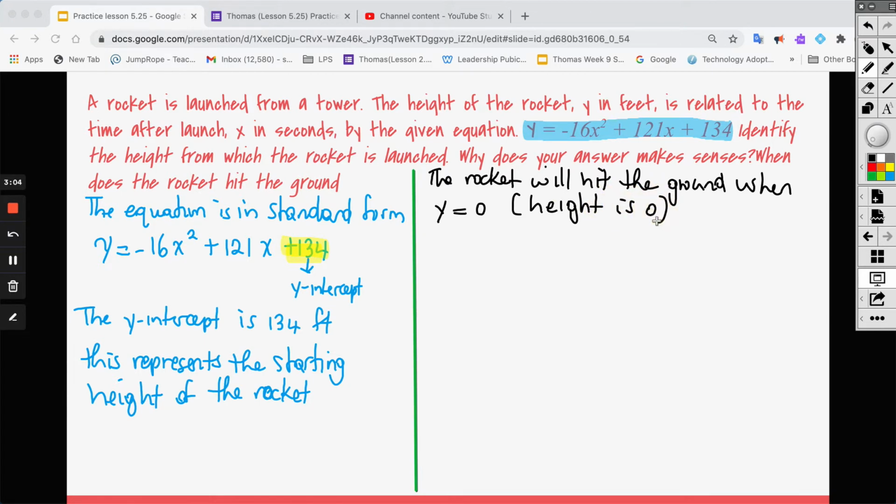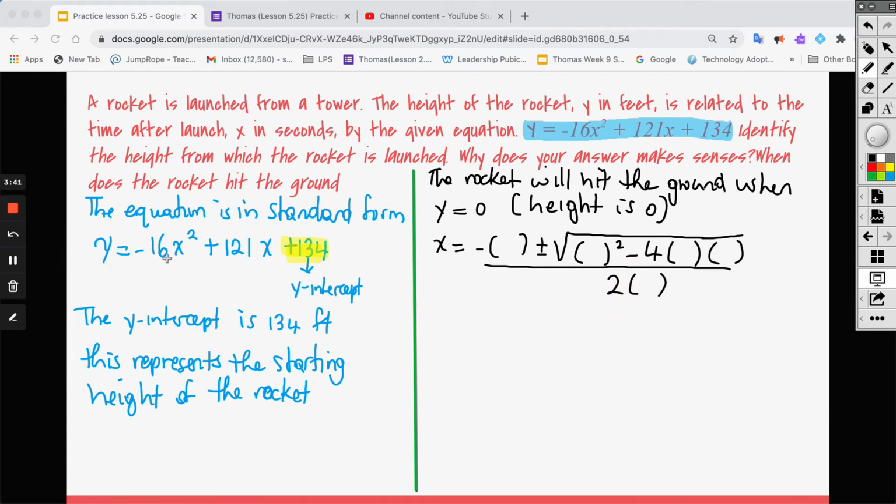So for this particular equation, the numbers are so large, we know it's in standard form. The safest thing to do right now is to use the quadratic formula. And according to the quadratic formula, x is equal to minus b plus or minus the square root of b squared minus 4 times our a term times our c term all over 2 times a.